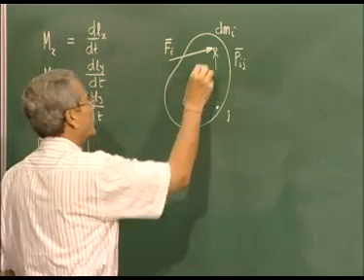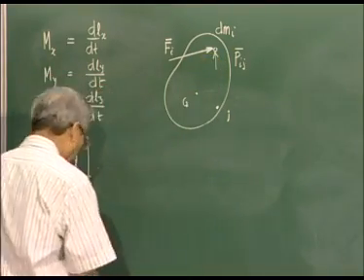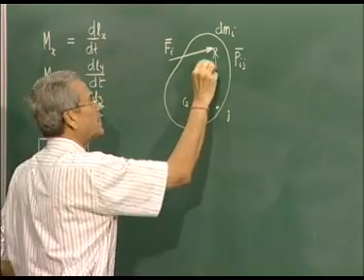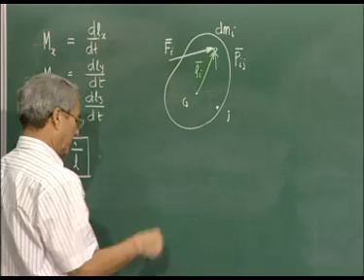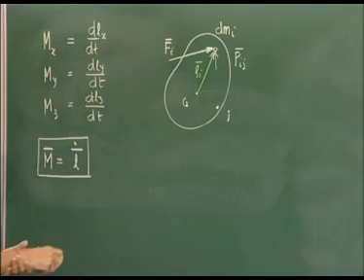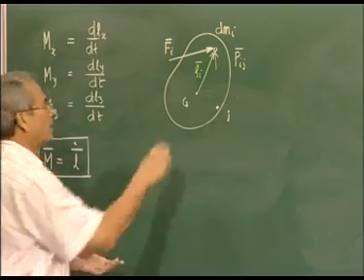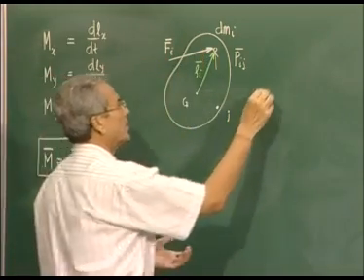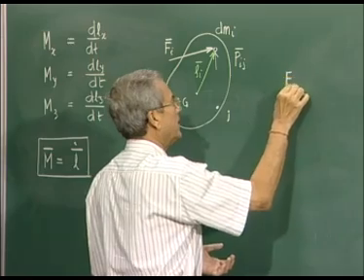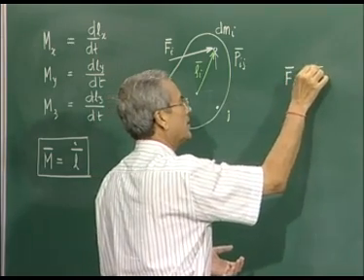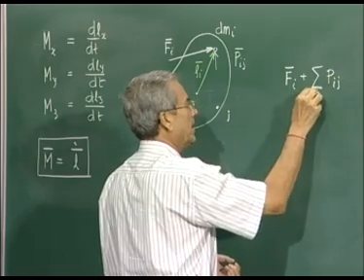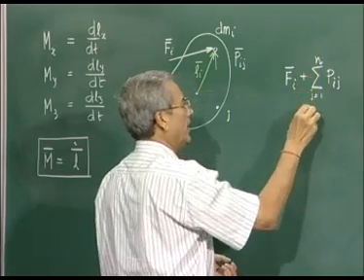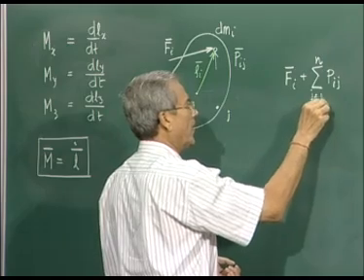Therefore, if the position vector of this be rho i, then the total force first of all is Fi plus the sum of Pij, j from 1 to n, where j is not equal to i.